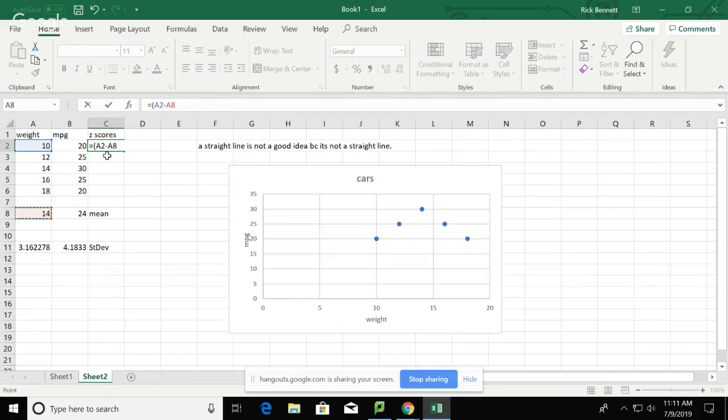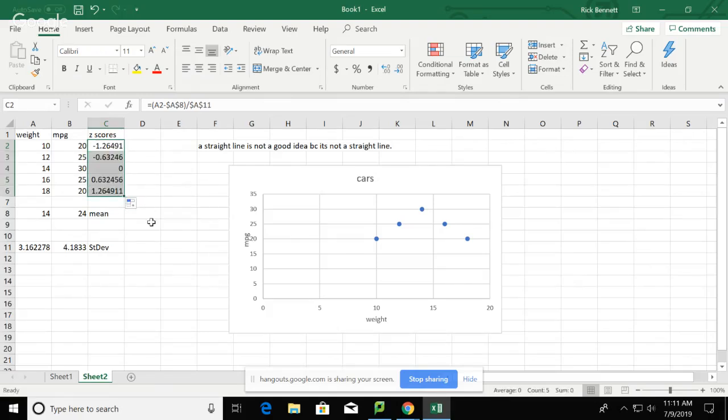And I do F4, divided by the standard deviation. F4 again? Yep. Is that right? Looks good so far. And then I would just do this, like that. Okay, so now I have to do the same thing for the y-score.